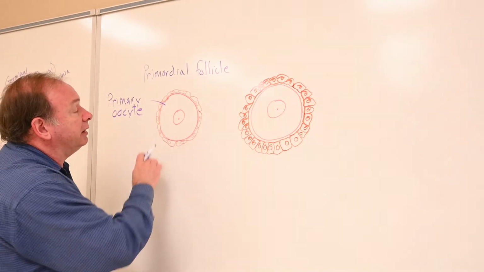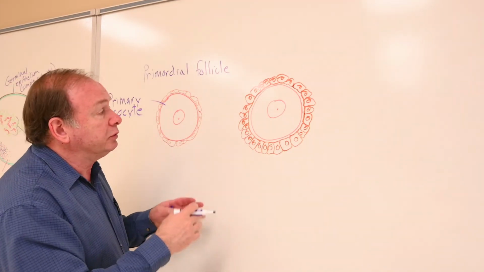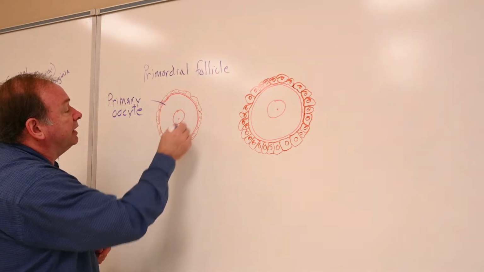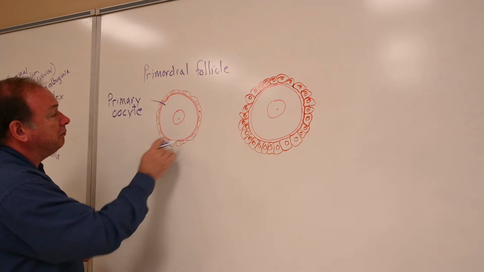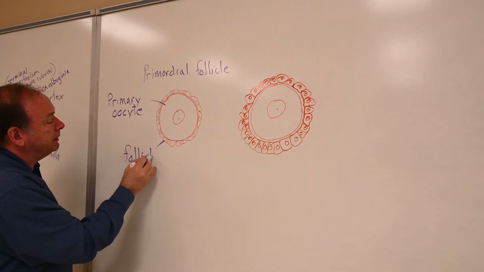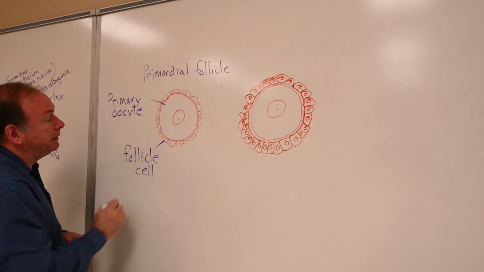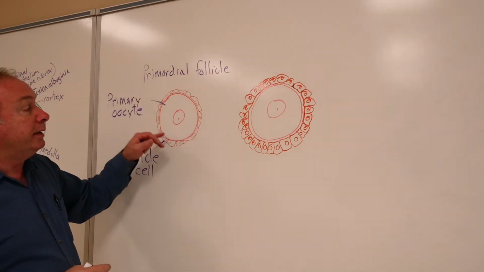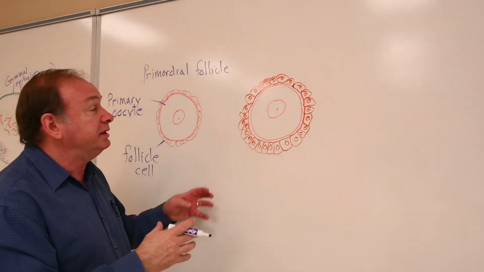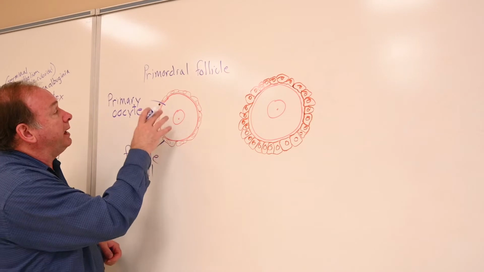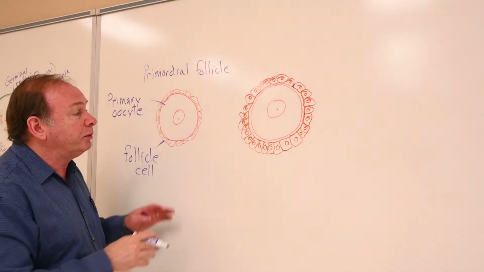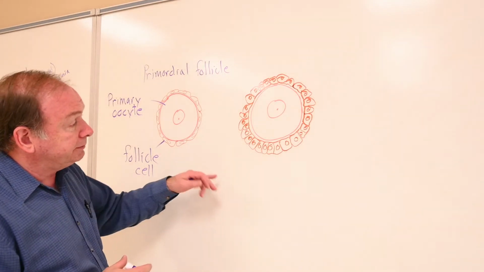So anyway, this cell here will undergo meiosis 1 and then meiosis 2. That cell is surrounded by more or less flattened cells that are follicle cells. So we have a whole ring around that. This looks very much like the drawings we made early on of the ganglion cell and satellite cells. But anyway, that makes up your primordial follicle, and they stay in that state for a very long period of time, many years.